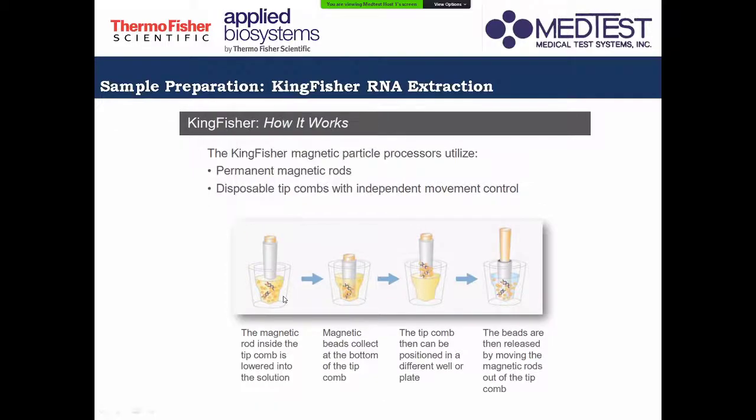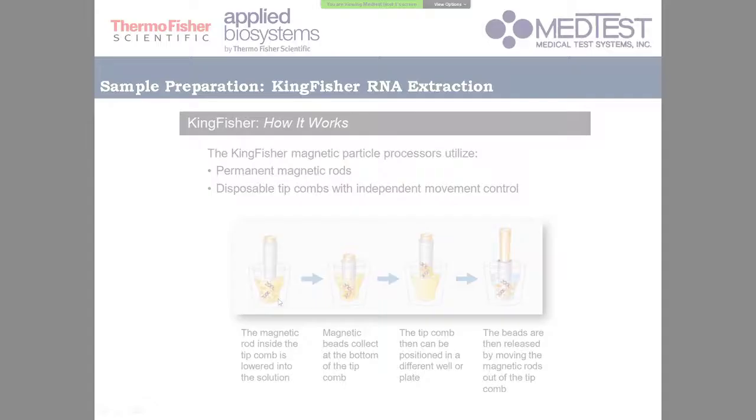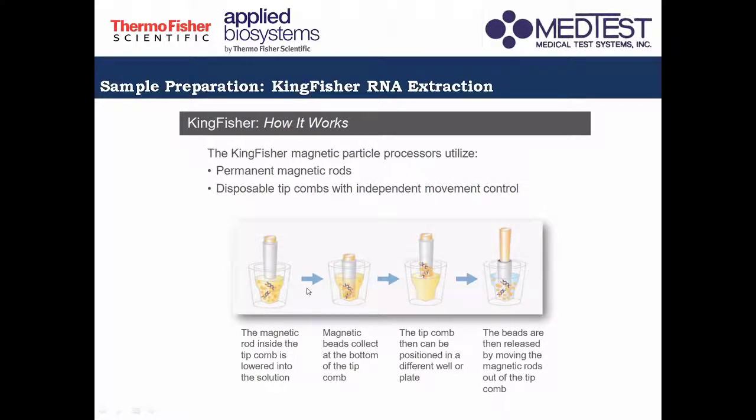Now, once the cells are lysed and then the RNA is released, your magnetic rods will go into your reagent or into your tubes, and then get the binding beads which are attracted to the magnets of the Kingfisher. No?